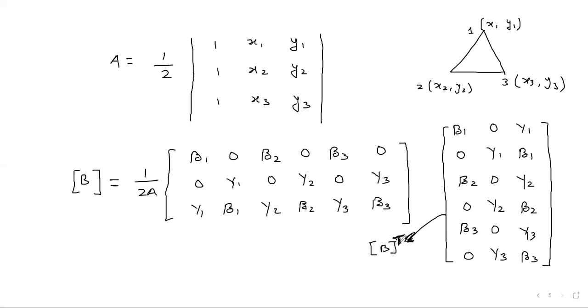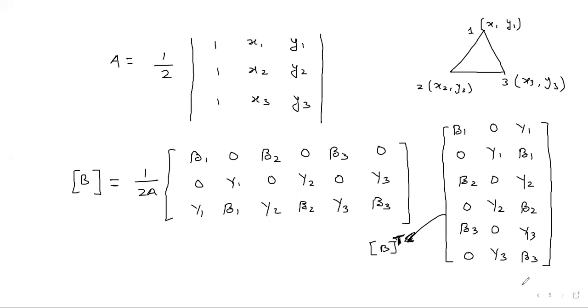So now, what can they ask? And for this beta 1, beta 2, beta 3, gamma 1, gamma 2, gamma 3, we have already discussed the values while deriving the shape function of the CST element.